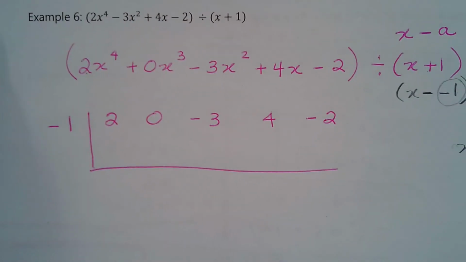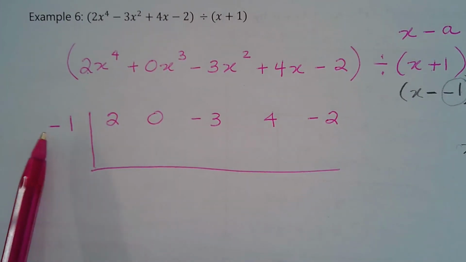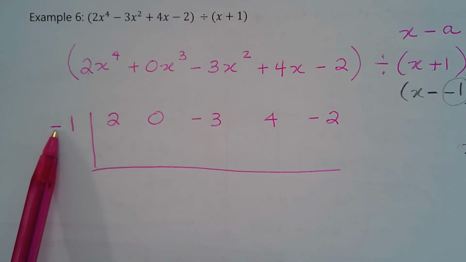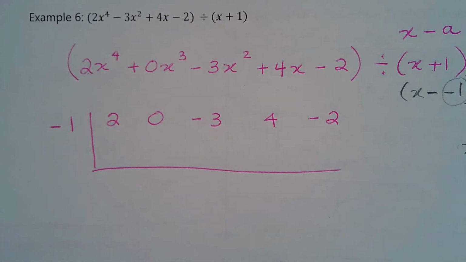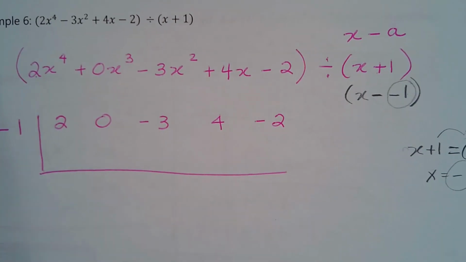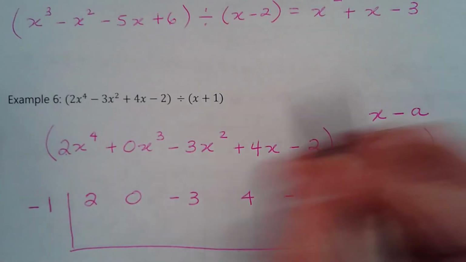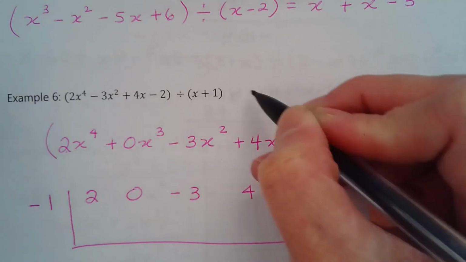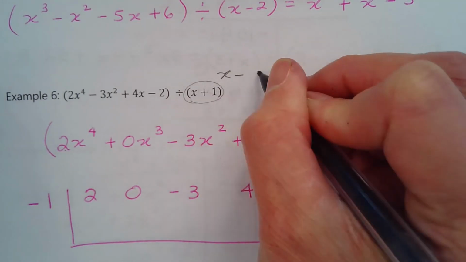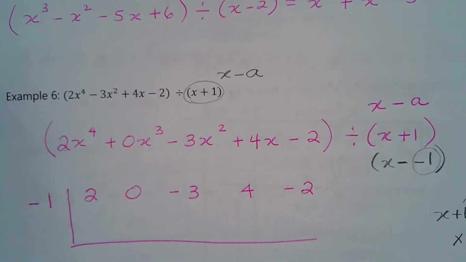So, going back to this, is everybody clear about this one? Can you please repeat? Yeah, of course. When we're dividing this binomial, it's going to be by x minus a. That's going to be the form.